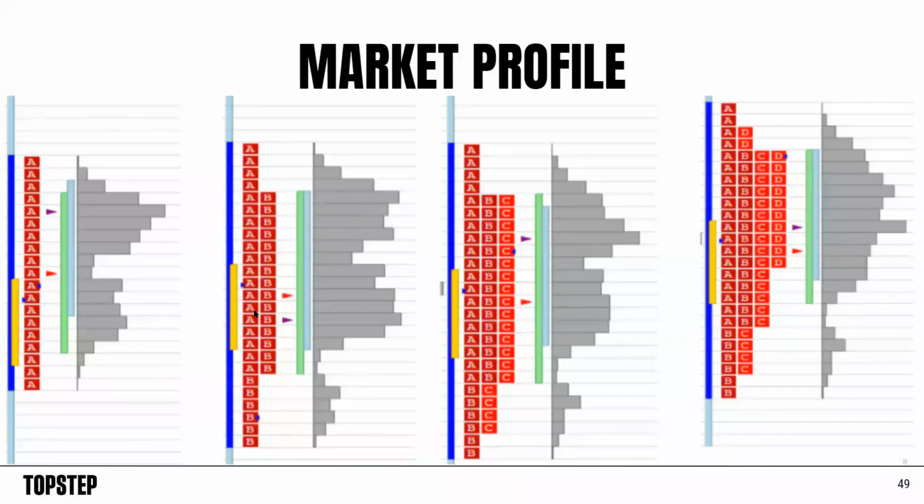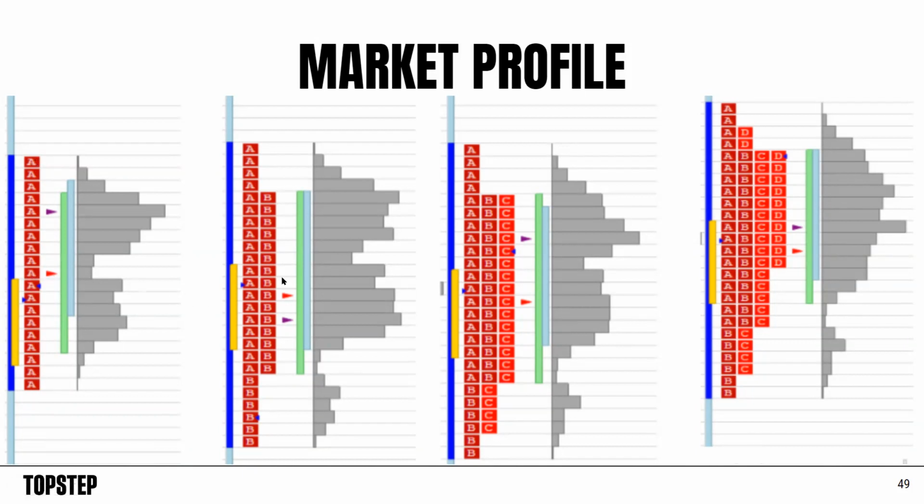The B period opens up. Okay, now let's take a look at a couple of things here. We've got our point of control just above the high of the opening range. At this point, the point of control is always going to be the center of the range. We know the point of control to be the widest line of TPOs closest to the center of the range. There's only one TPO wide.